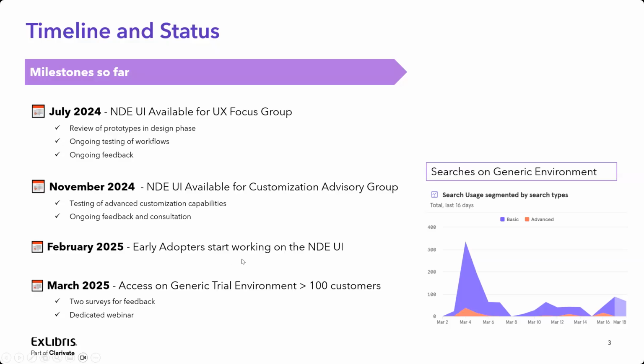Then in February this year, we started a working group with early adopters who got the NDE activated on their platforms. Early adopters, some of whom have a plan to launch at the end of the summer.